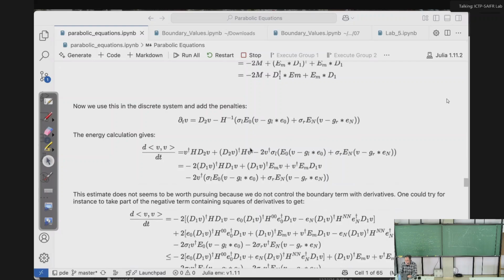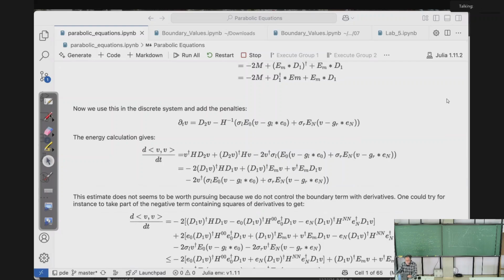And so here with the penalties, we get this equation where we penalize the last point. This E0 here is a matrix that has a 1 here and then is 0. So this is just the first value, the vector that has a 1 here and 0 all over the place. So this is just the first point.